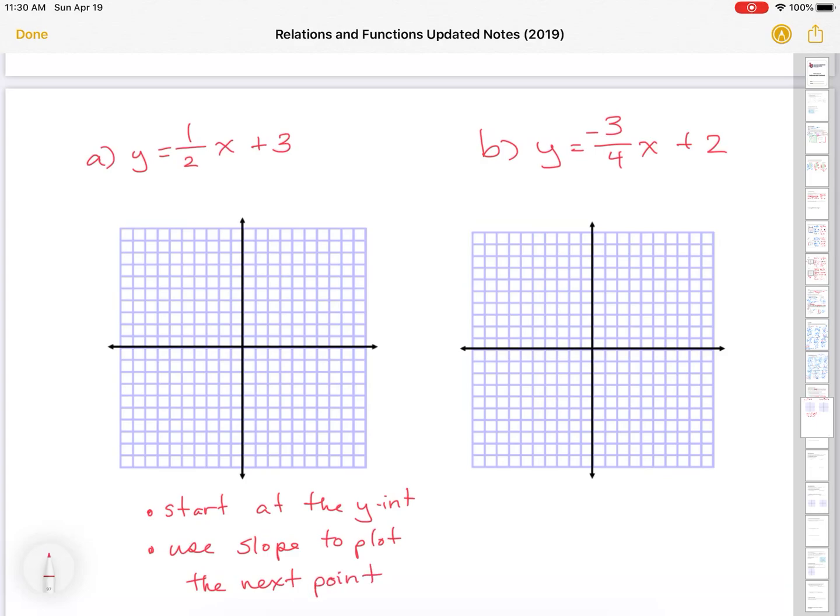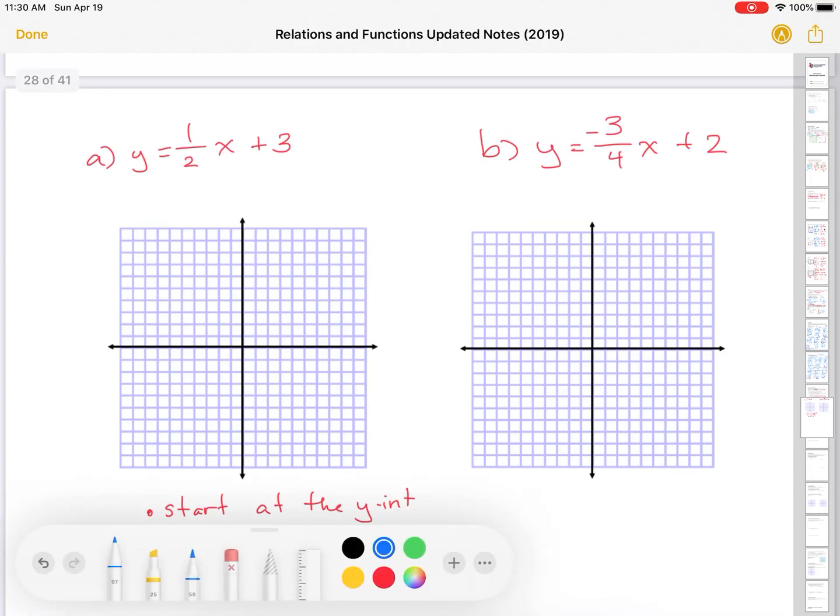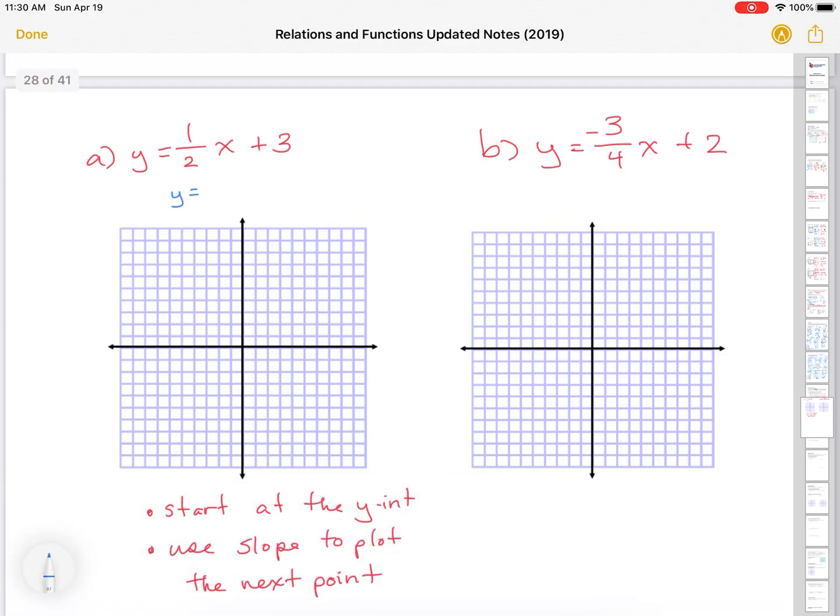So, how does that work? Well, here our y-intercept equals 3, and our slope equals 1/2. If y-intercept equals 3, that means when x equals 0, y equals 3. And this is a positive slope, so we know we're going up.